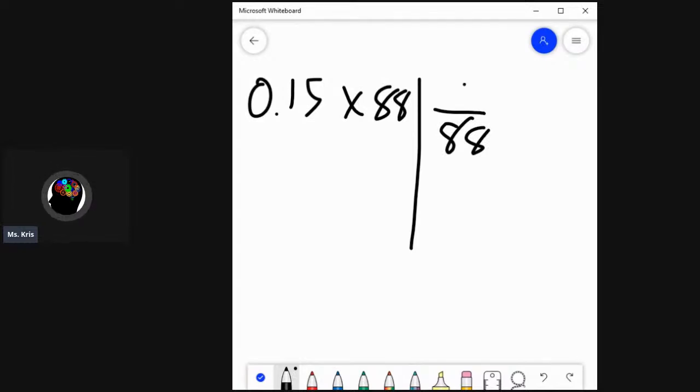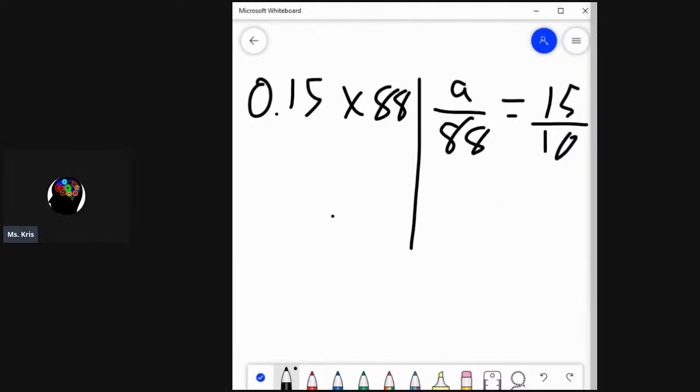We're looking for the number, which would be A, that is 15% of the equation. So now, 0.15 times 88, that gives me 13.2.